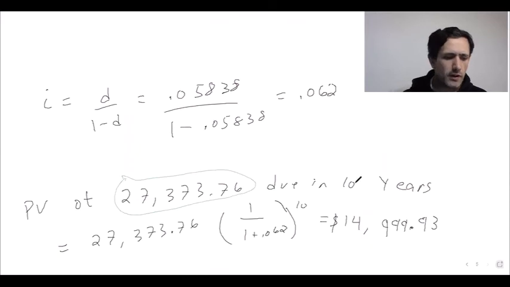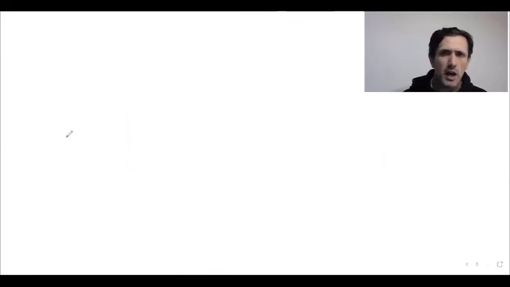Okay, so this is fairly plug and chug. So we're given that D, our effective annual discount rate, is 0.07.